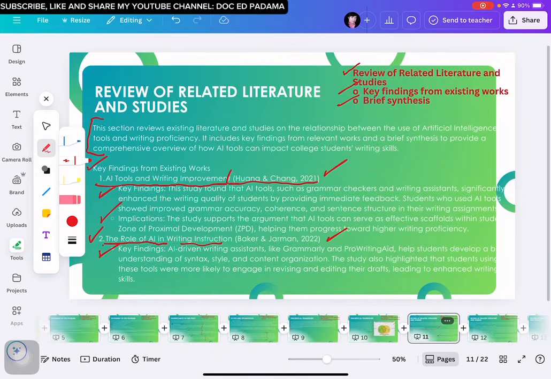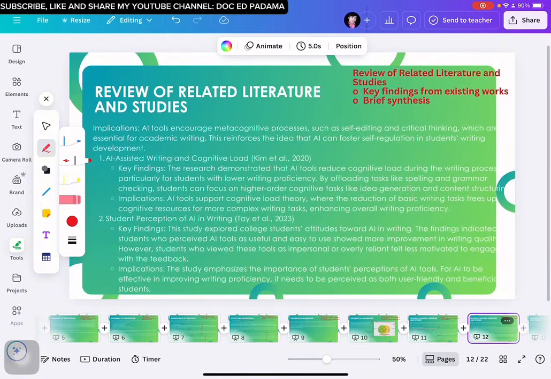And then after that, the key findings, and then the implications. Okay, so another is by Kim et al., published 2020.